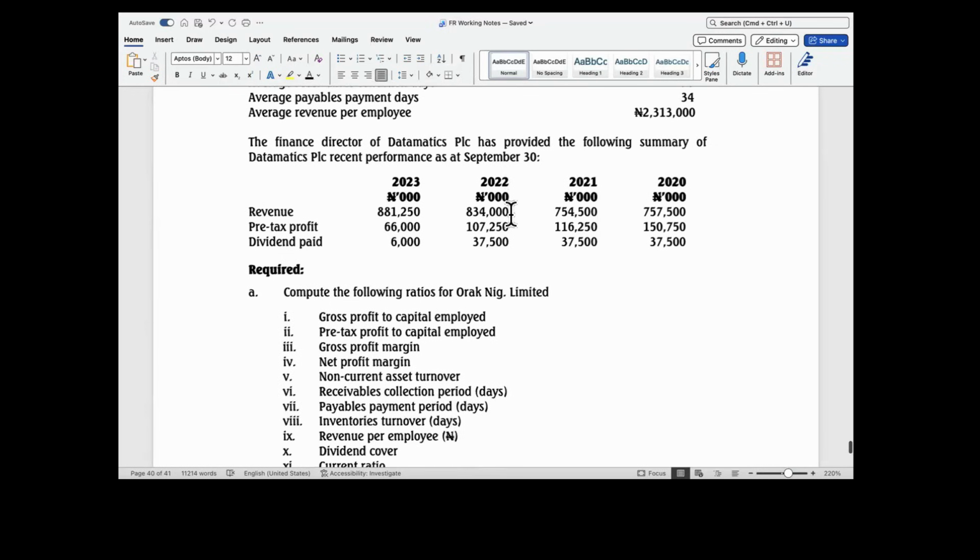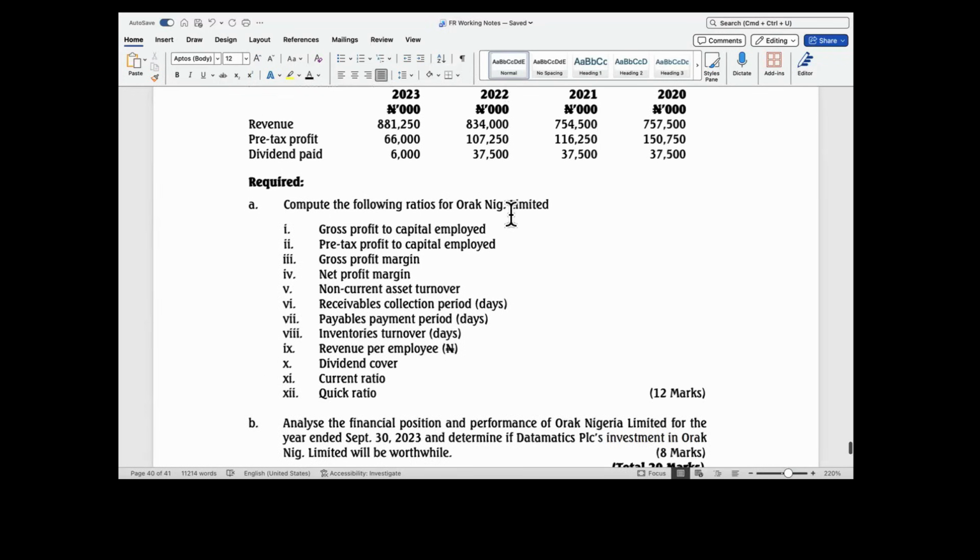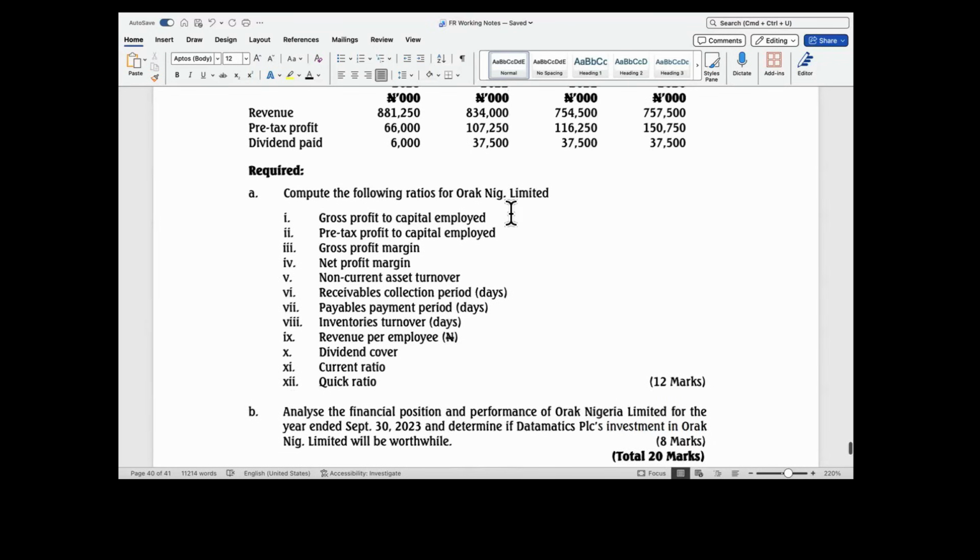Required. Compute the following ratios for Orak Nigeria Limited. 1. Gross profit to capital employed. 2. Pre-tax profit to capital employed. 3. Gross profit margin. 4. Net profit margin. 5. Non-current asset turnover. 6.